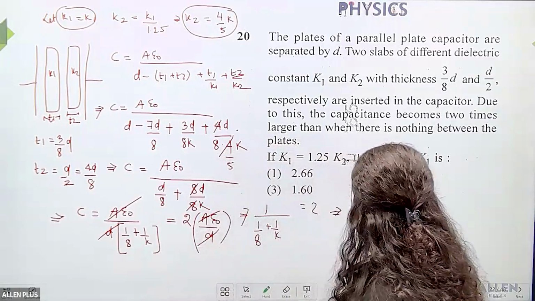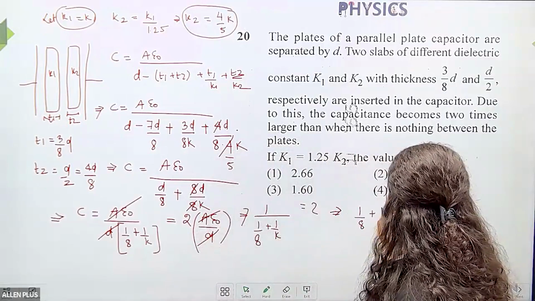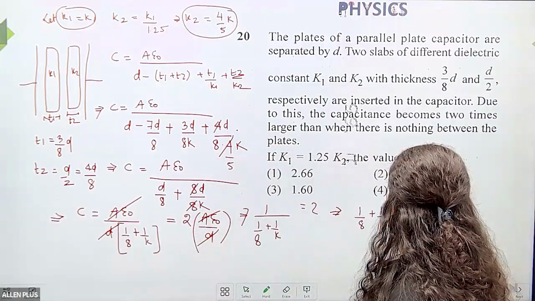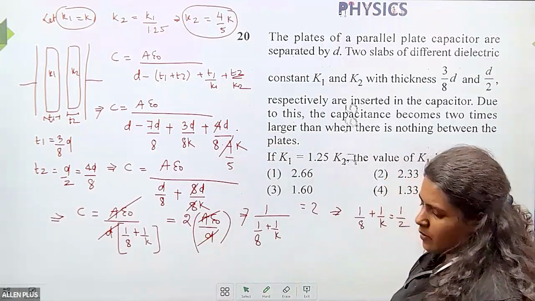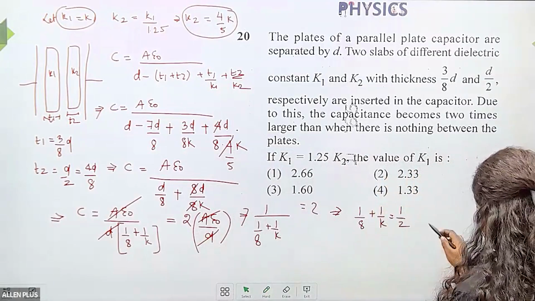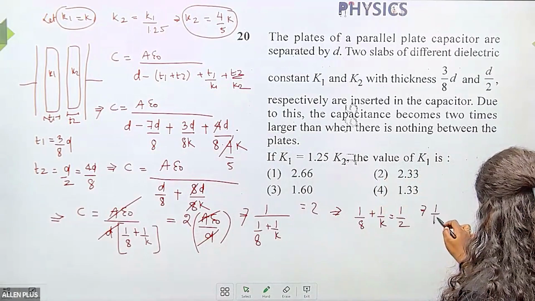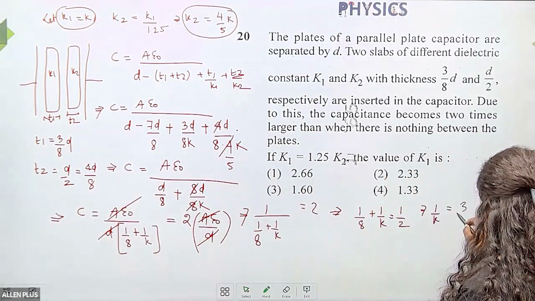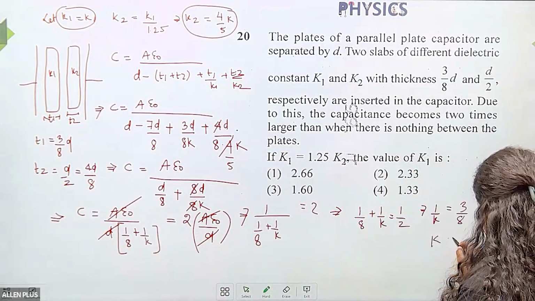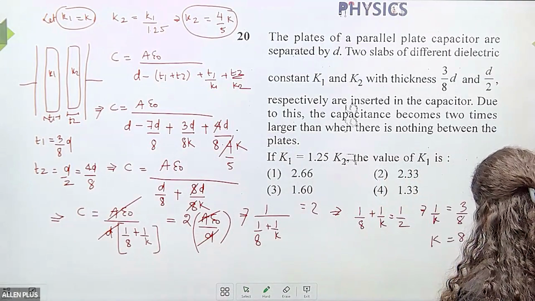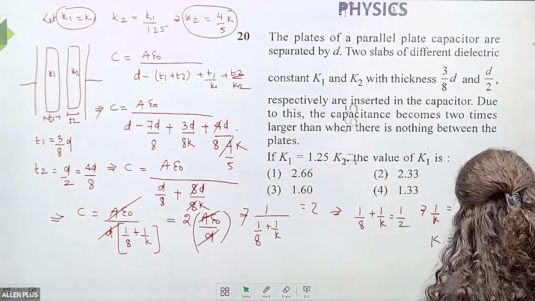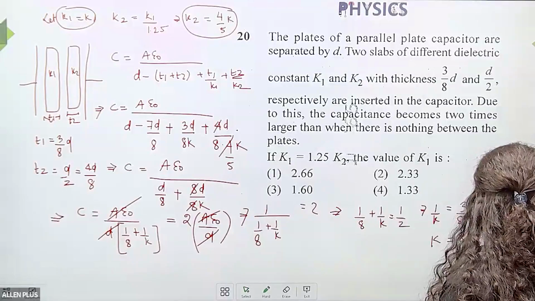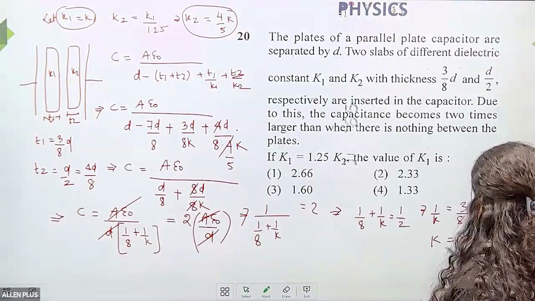From here I can write 1 by 8 plus 1 by K is equal to 1 by 2. All you have to do is find the value of K. By doing this I can get 1 by K is equal to 3 by 8, or K is equal to 8 by 3. 8 by 3 means the answer is nearly equal to 2.66.